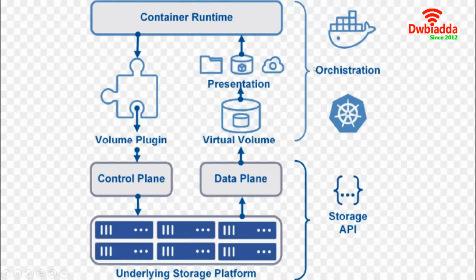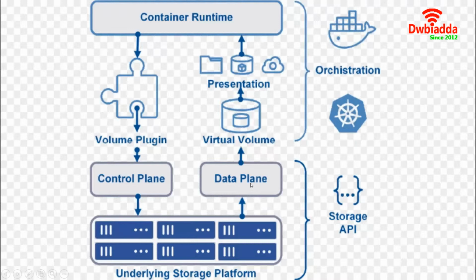This process is done by either Docker Swarm or Kubernetes. The other way is that the container runtime is simply using the volume plugin, which is also a good feature provided by volumes, and interacting with the control plane to fetch the data.